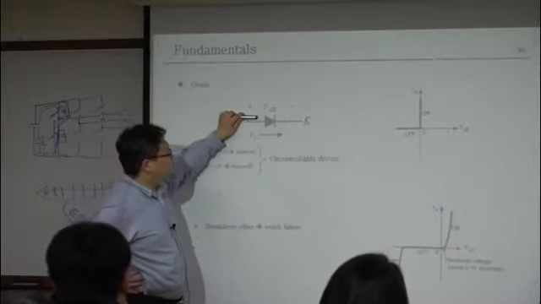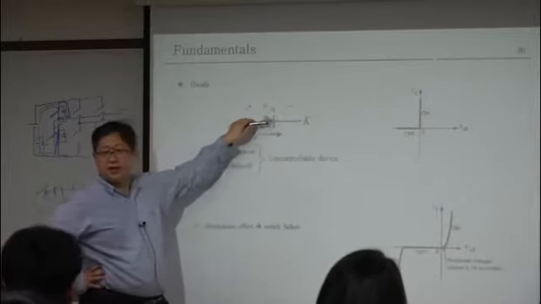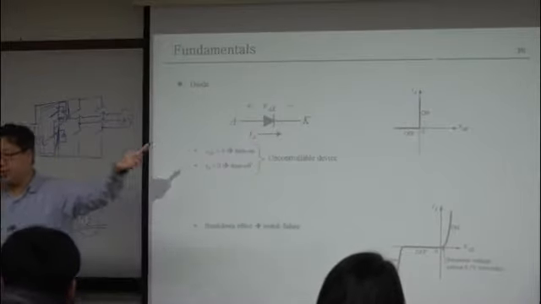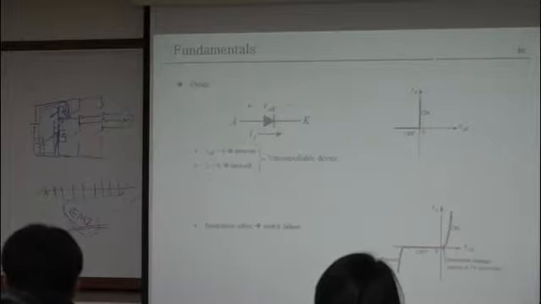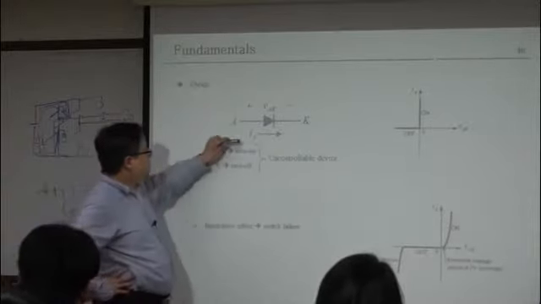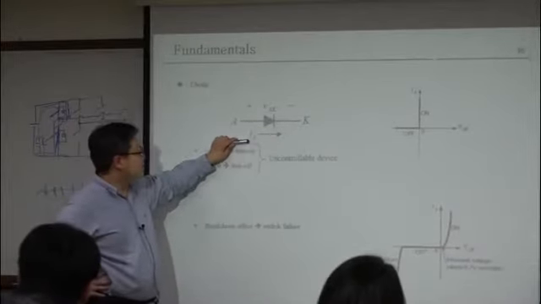So when you flow the current, you see the voltage drop. Typically, in the electronic circuit textbook, it was 0.7 volt, right? And the current is the diode forward current, or you can say anode current.